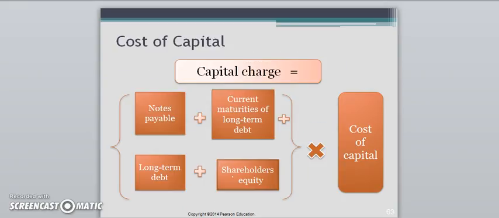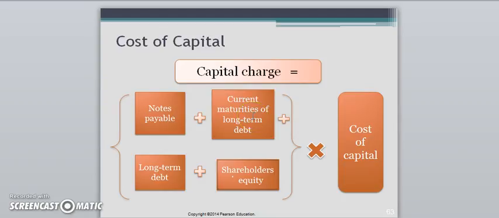The capital charge is fairly easy to calculate. You decide what the cost of capital is, and in any homework or any test, we will give you what we think is the capital charge that the investor wants. You add together your notes payable, and then current maturities of long-term debt.